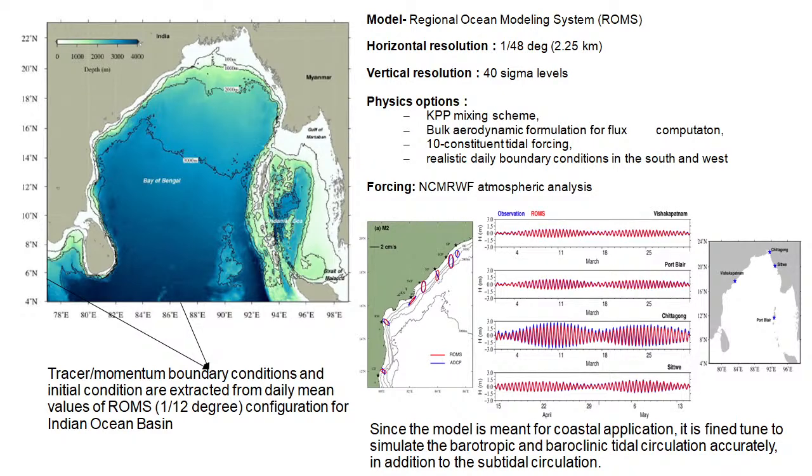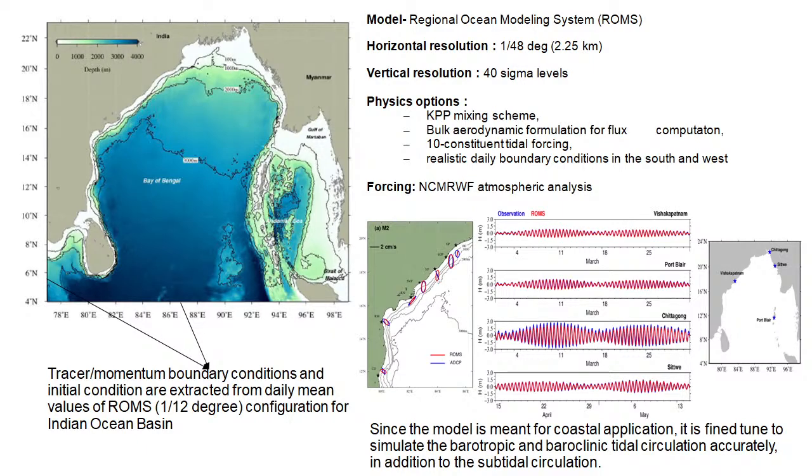We have 10 constituent tidal forcing at the boundaries, and not only the tidal forcing, we give realistic boundary conditions from the Indian Ocean high resolution ROMS model to get the tracer and momentum right. We have done this on a daily scale so that there is a very high frequency interaction between the Equatorial Indian Ocean and this domain.